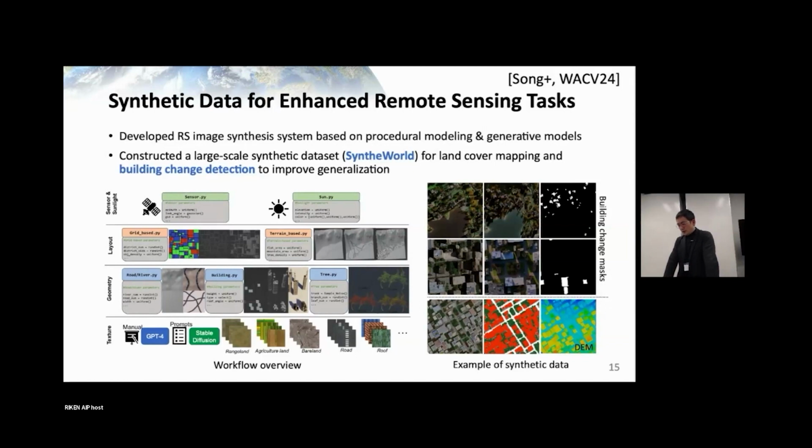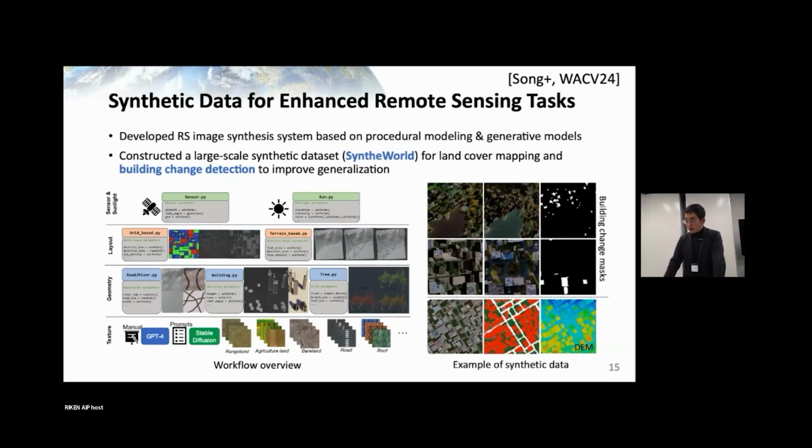So one strategy is to create synthetic data to make very realistic remote sensing images. And this work was led by Mr. Johnson, a PhD student in our group. He built the remote sensing image synthesis tool based on procedural modeling, which is a standard technique in computer graphics, together with generative models to increase the diversity of textural information.